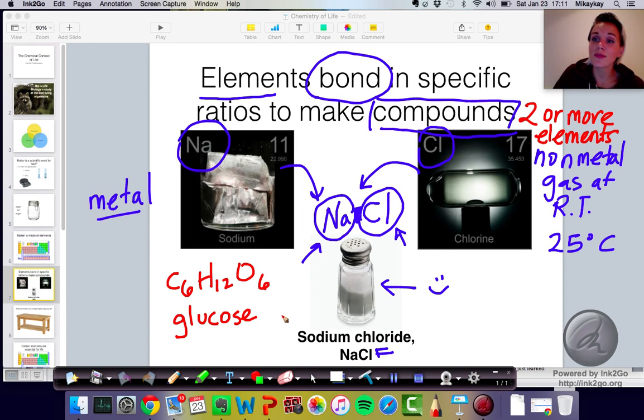And glucose is a really, really important compound of carbon, hydrogen, and oxygen. But it's not just carbon, hydrogen, and oxygen connected to each other randomly. There are 6 carbons, 12 hydrogens, and 6 oxygens.